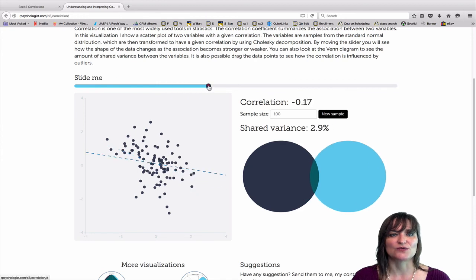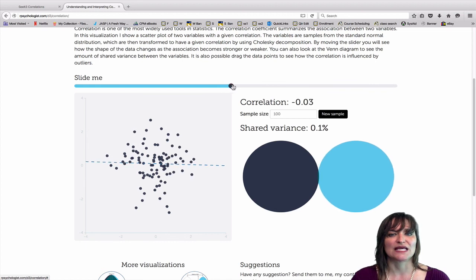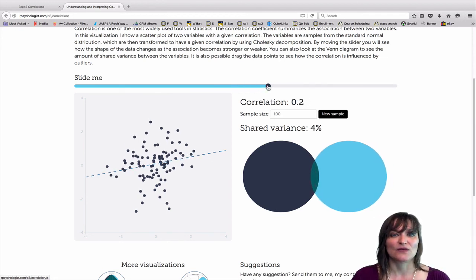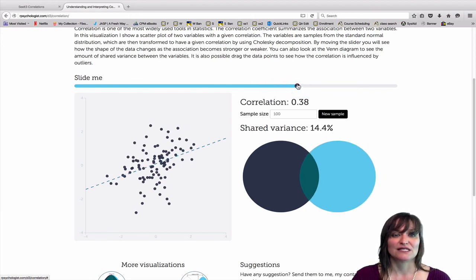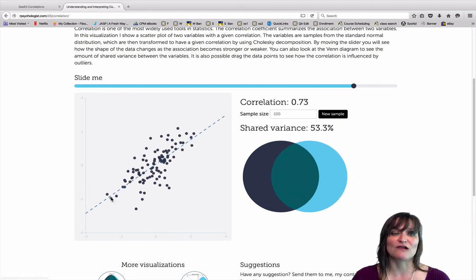And as we go back towards 0, we see that line just becoming flat and the data points just being spread out. And as we go the other direction and we get to a weak positive correlation and a moderate positive correlation, and then these extremely strong positive correlations, we can see the slope is now positive.